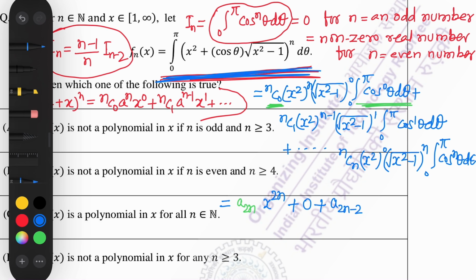So I accordingly write here a subscript 2n minus 2, a real number, and the other factors of the third term will be x to the power 2n minus 2, okay, one second, n minus 1, no, it will be 2n minus 4, into (x square minus 1) over root to the power 2.